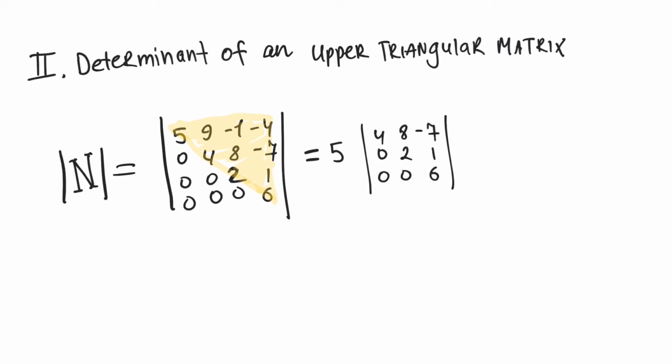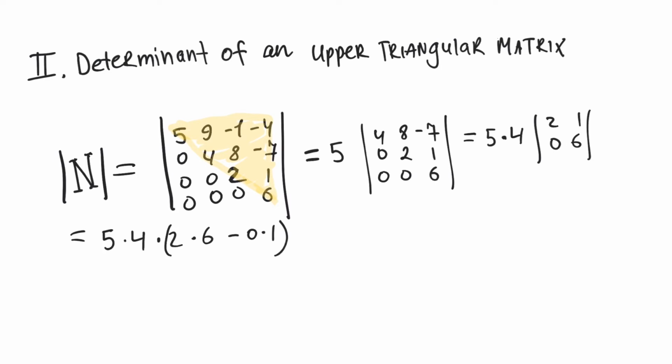And then you would again use the first column where 4, 0, 0 is, and you would be left with a 2 by 2 matrix, and that 2 by 2 matrix would be just 2 times 6 because 0 times 1 is just going to be 0. And that gives you the determinant, which is essentially a product of the main diagonal. So there's that.